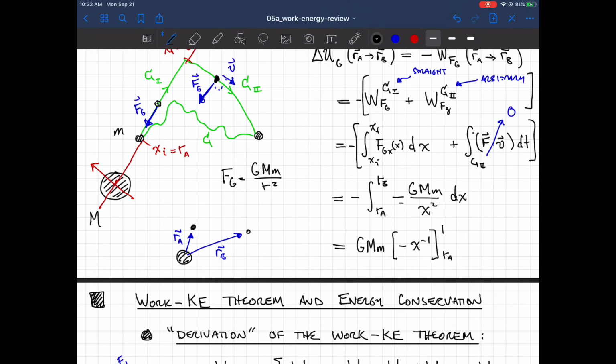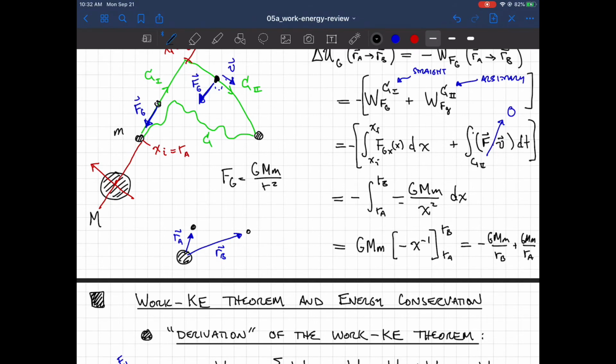And I go from RA to RB. So what does that become? Well, it becomes minus GMm over RB minus GMm over RA. Is that right? Looks like it's right.